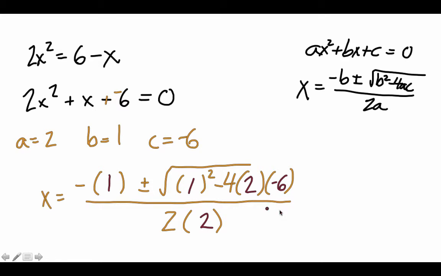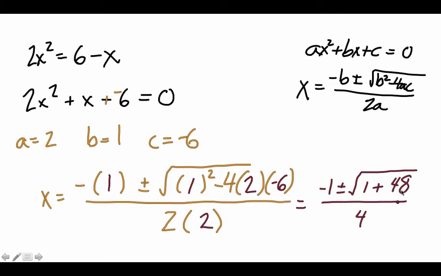Now, I don't have the ability to erase this, so I just want you to take a look at it, and now I'm going to simplify a little bit. The opposite of 1 is negative 1, plus or minus the square root of 1 squared is 1, minus 4 times 2 times negative 6 is actually plus 4 times 2 times positive 6. 8 times 6 is 48. That whole mess divided by 4.